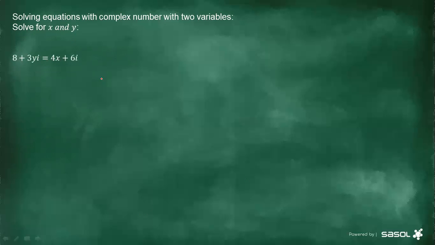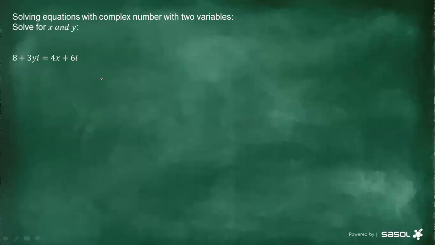Now first we have this question that says 8 plus 3yi equals 4x plus 6i. In order for you to solve for the value of x and y, you are going to group those that do not have i, and then group those that have i, right?